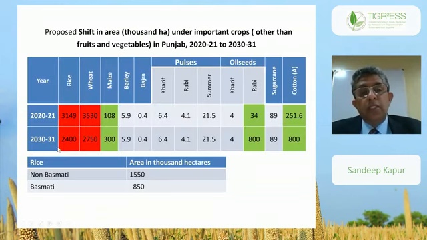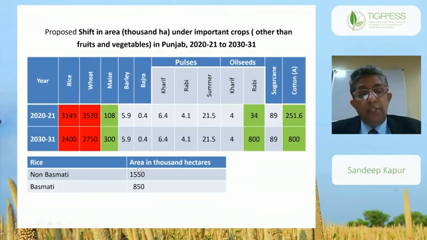This is a slide I would like to focus on. The proposal is to bring the area under rice from about 3 million to about 2.4, whereas wheat should go down from 3.5 to 2.7, whereas the major increase has to be in rabi, particularly the oilseed canola, from 34,000 to 800,000, and cotton from 250,000 to 800,000 hectares.